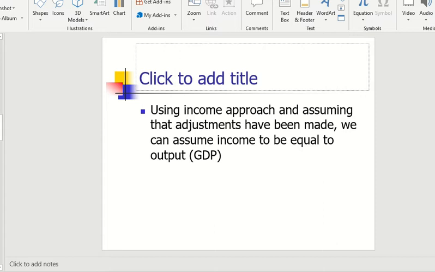So using the income approach, and assuming that all adjustments have been made, we learned that national income is equal to GDP. Okay? National income is equal to output. So with that assumption, from this point onwards, when we see Y or income, we can assume that it is equal to output.